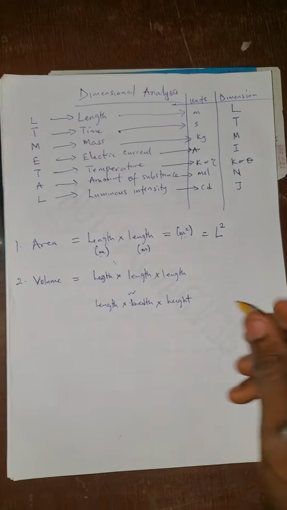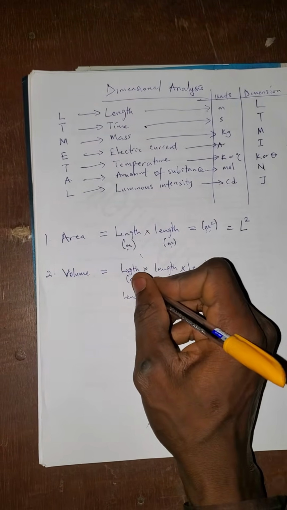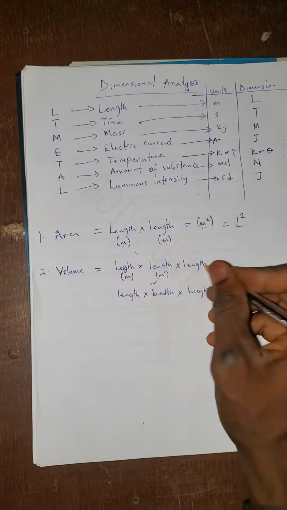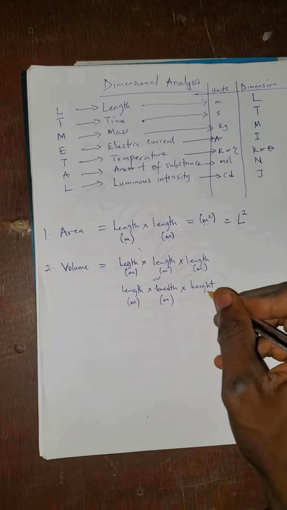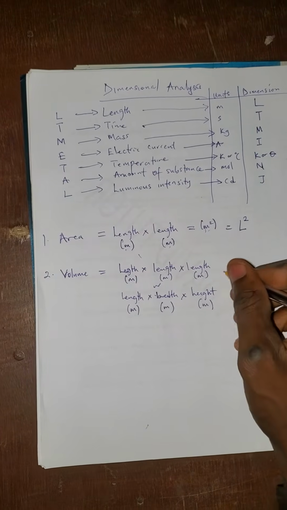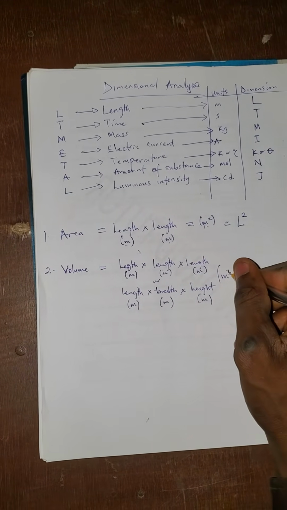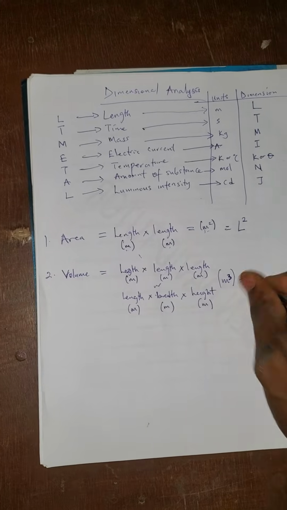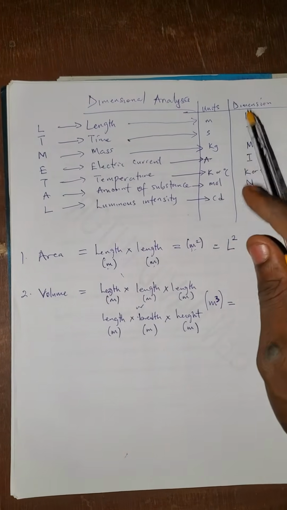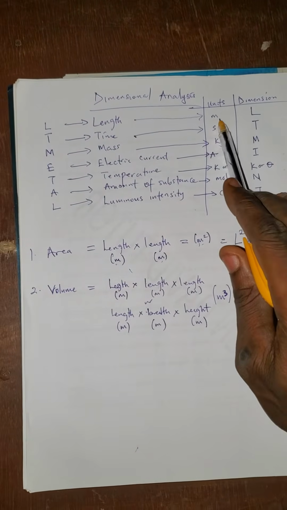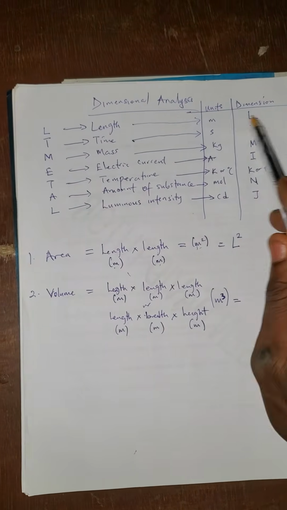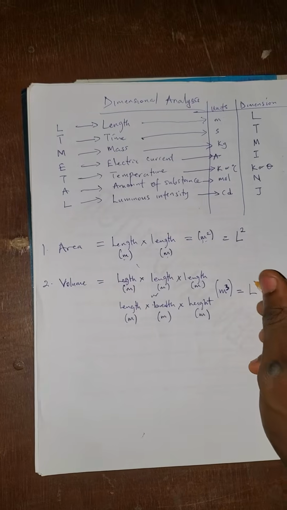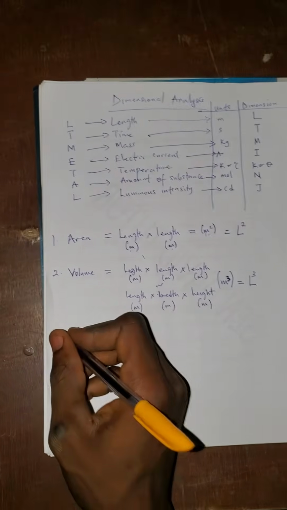Don't forget that the length here is measured in meter, breadth is measured in meter, height is also measured in meter. So all these are meter cube. Because they are meter cube and the dimension of a single meter is capital L, or if you use length, length is L, that's why we have it to be L cube.